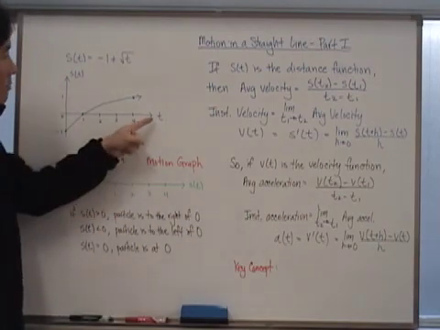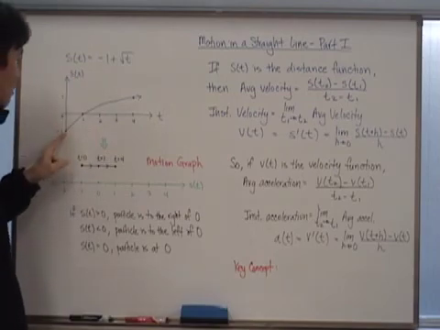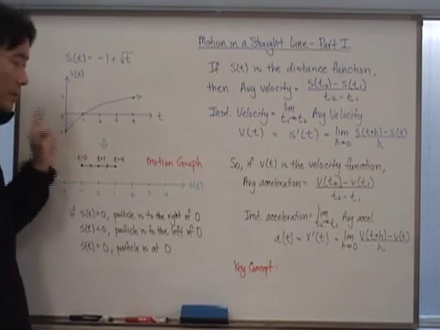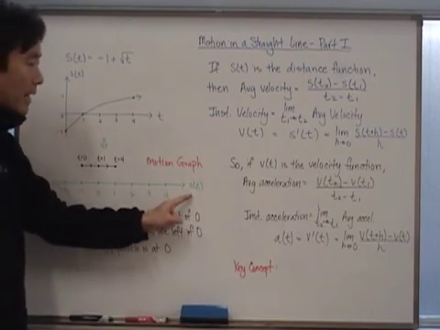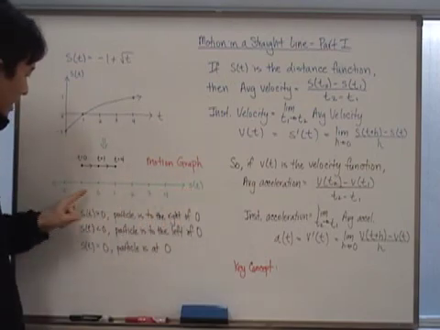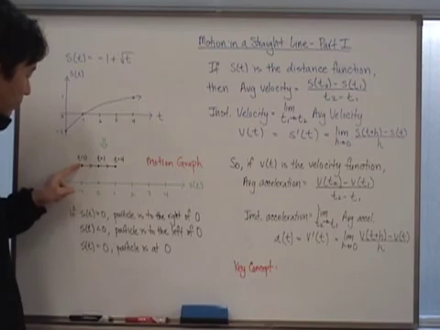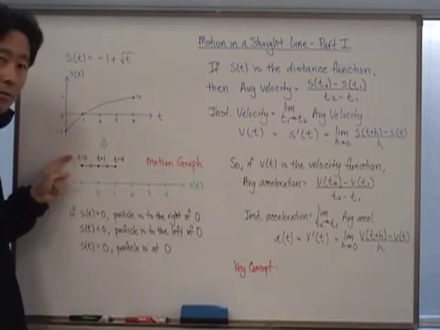When t was equal to 0 in the two-dimensional graph, we knew that the value of s of t was -1. So when I plot this in a one-dimensional line graph, or a motion graph, I look at where -1 is, and I put the point there because that's where the particle starts, where t is equal to 0.